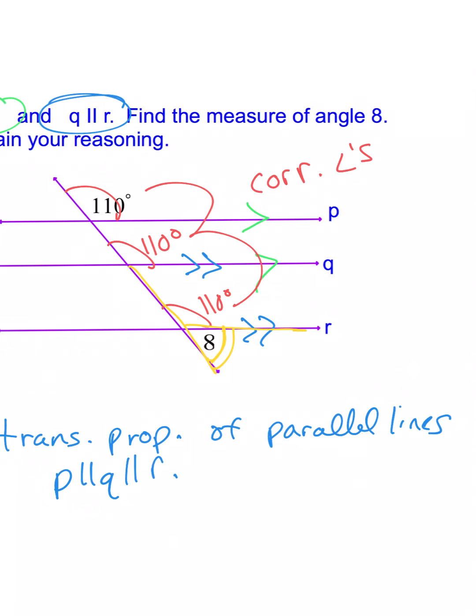Isn't it a linear pair with 110? So wouldn't the measure of angle 8 be 70 degrees using the linear pair? Oops, I wrote that wrong. The linear pair postulate. Right, if I know that this is 110, this one's got to be 70 for the two to be supplementary. That's a linear pair postulate.